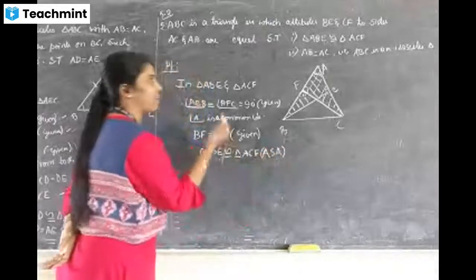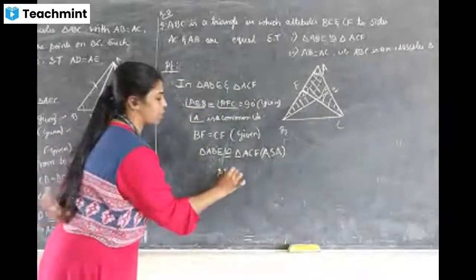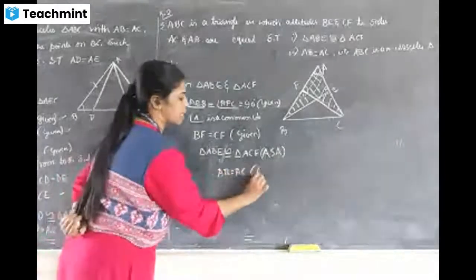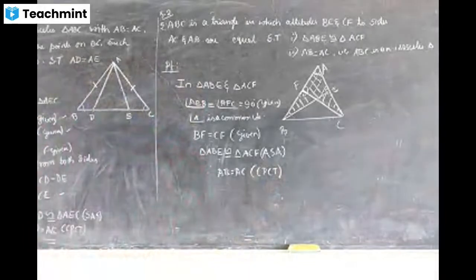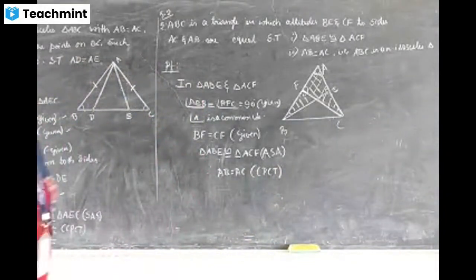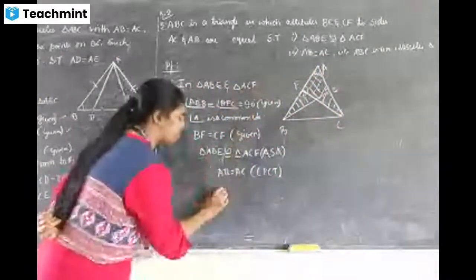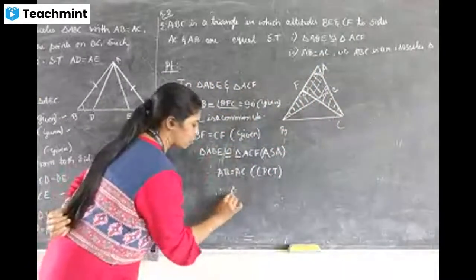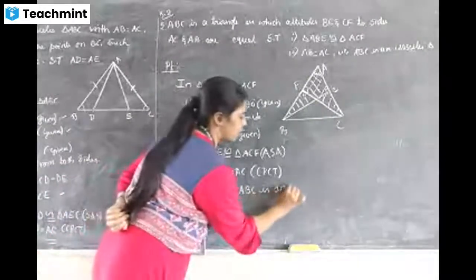Now I can say, therefore AB is equal to AC because corresponding parts of congruent triangles are equal. When sides are equal, then it becomes isosceles. Therefore, triangle ABC is an isosceles triangle.